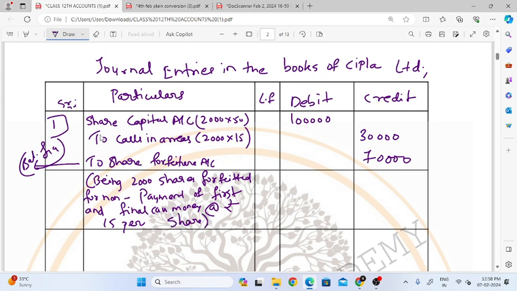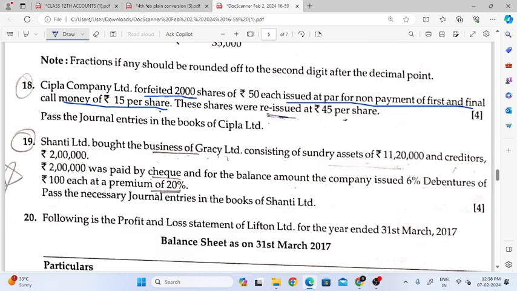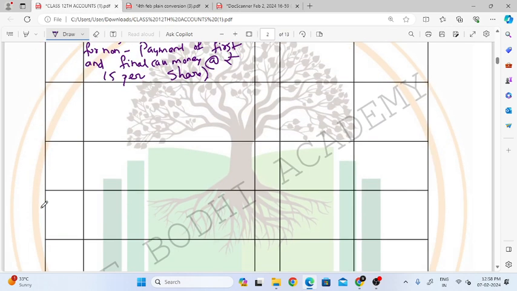Okay, then they have given the second part, these shares were reissued at rupees 45 per share. So the second one is these shares were reissued at rupees 45. So again, when they are reissuing it, earlier the amount was 50 of each share.